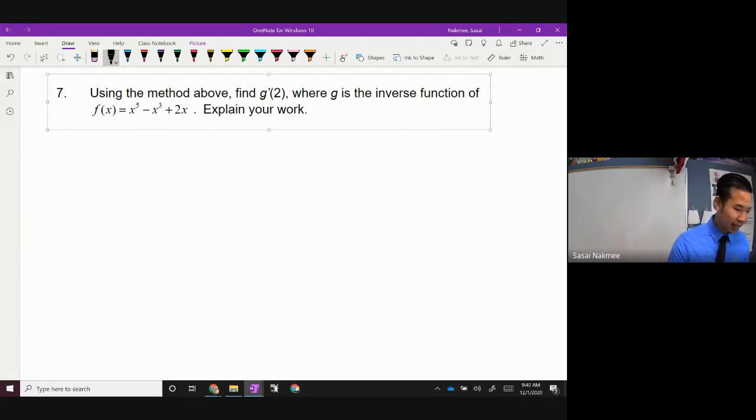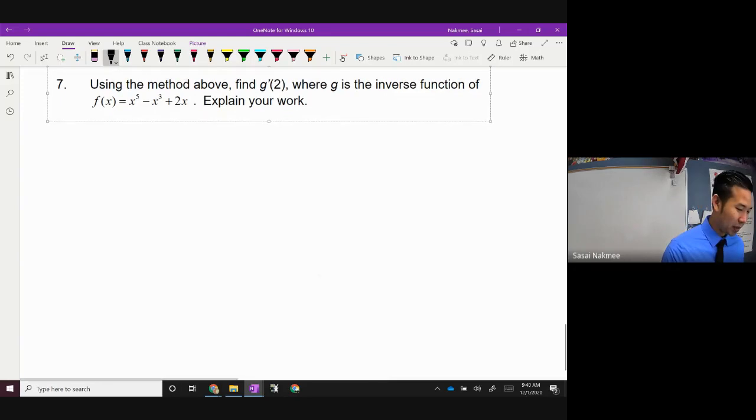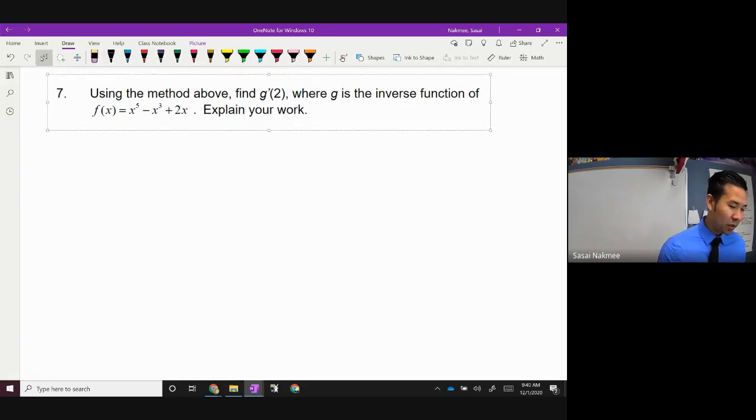Using the method above, we don't have that method above. All right, so find g prime of 2, where g is the inverse function of f of x equals x to the 5th minus x cubed plus 2x. Well, I don't know.